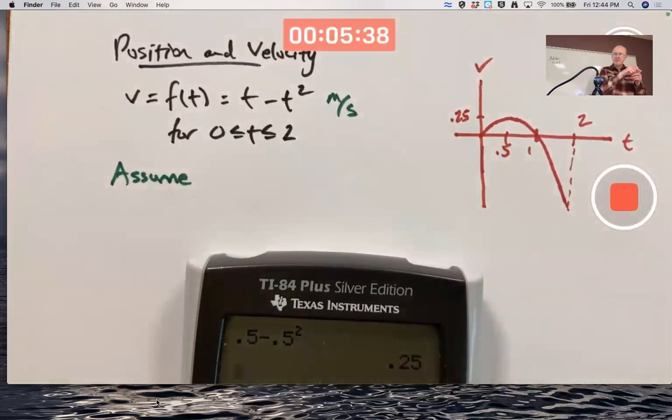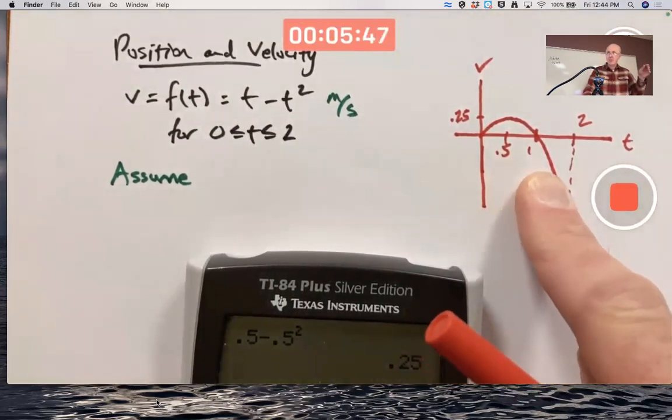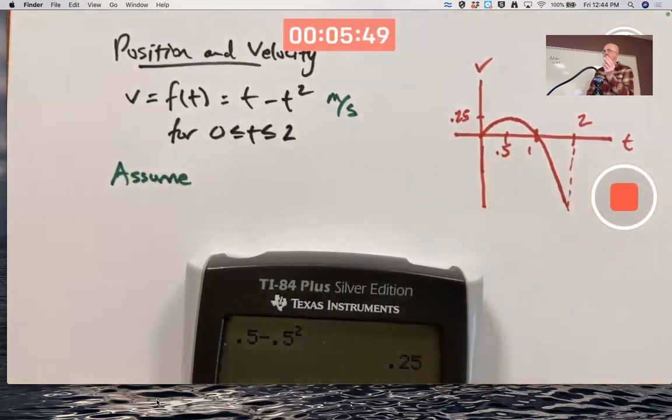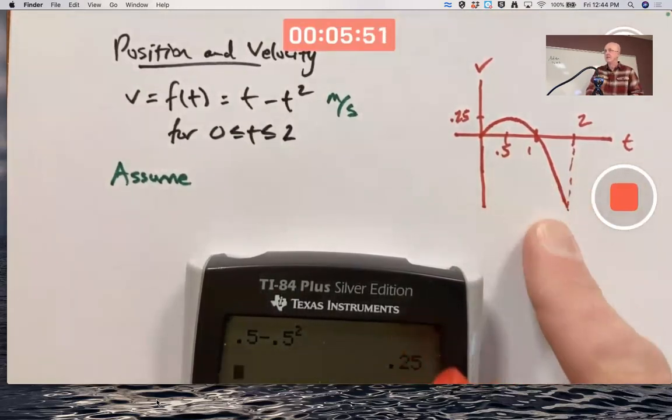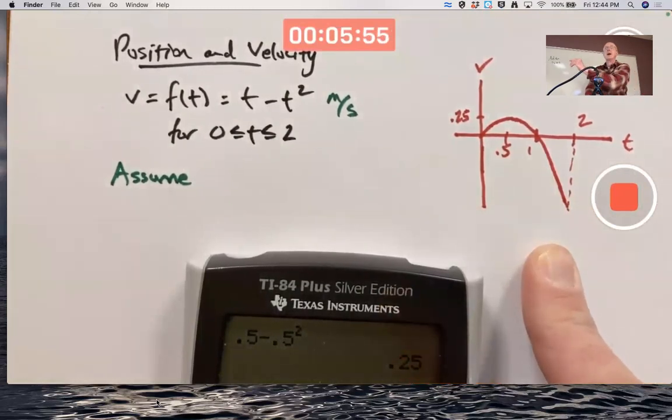And after 0.5, you start slowing down. And at time 1, you turn around, you start going in the negative direction because your velocity became negative. And it's getting more and more negative, so you're speeding up faster and faster. Your speed is getting larger and larger. Does that make intuitive sense?